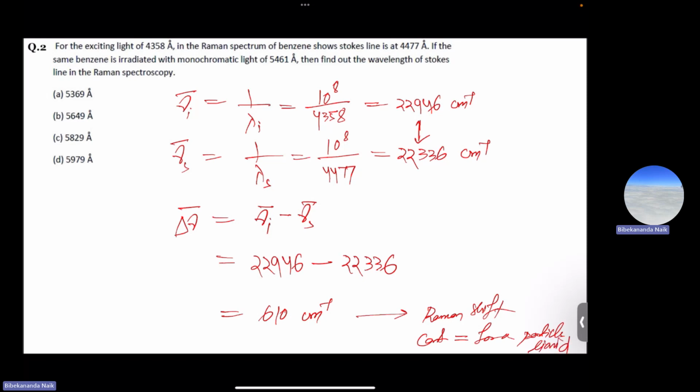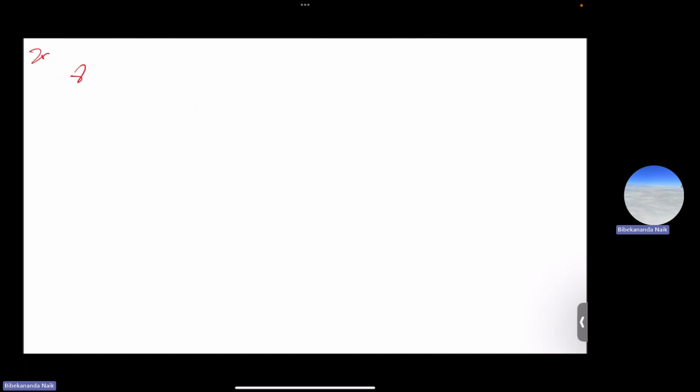In the second case, for the incident light, we have 1 by lambda I, which is 10 to the power 8 divided by 5461, which is 18,312 centimeter inverse.